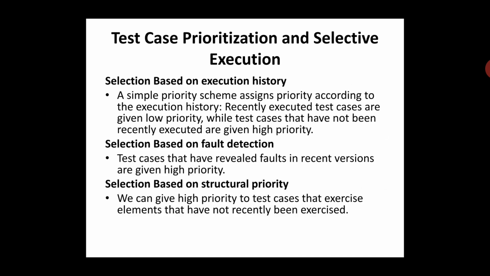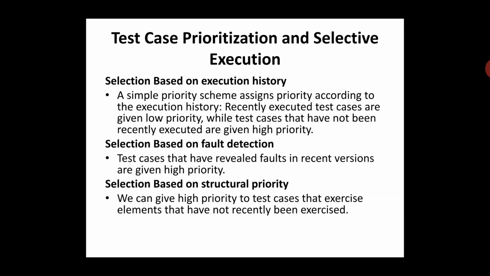In the same way, here are different approaches in point form. Selection based on execution history: a simple priority scheme assigns priority according to the execution history. Recently executed test cases are given lower priority, while test cases that have not been recently executed are given higher priority. Selection based on fault detection: test cases that have revealed faults in recent execution are given high priority.